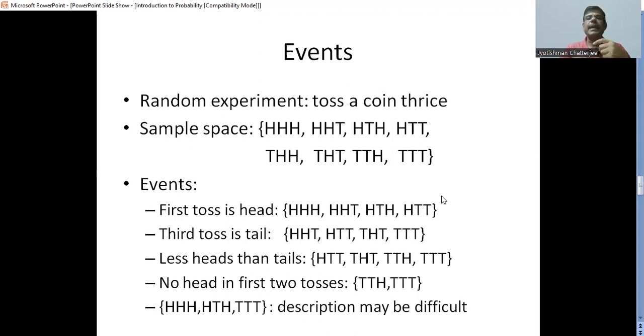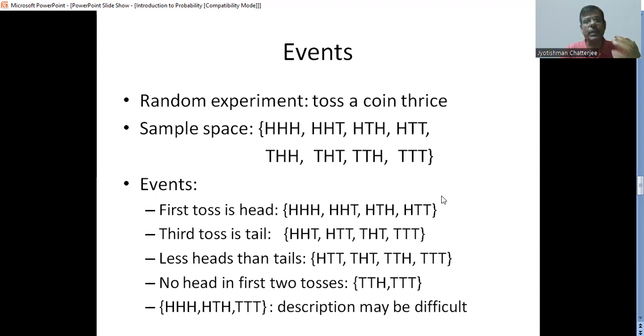Now let us consider the random experiment of tossing a coin thrice. Here the sample space is HHH, HHT, and so on up to TTT. There are altogether 8 sample points. When we toss a coin only once, we have got 2 sample points, only H and T. When we toss a coin twice, we get 4 sample points.